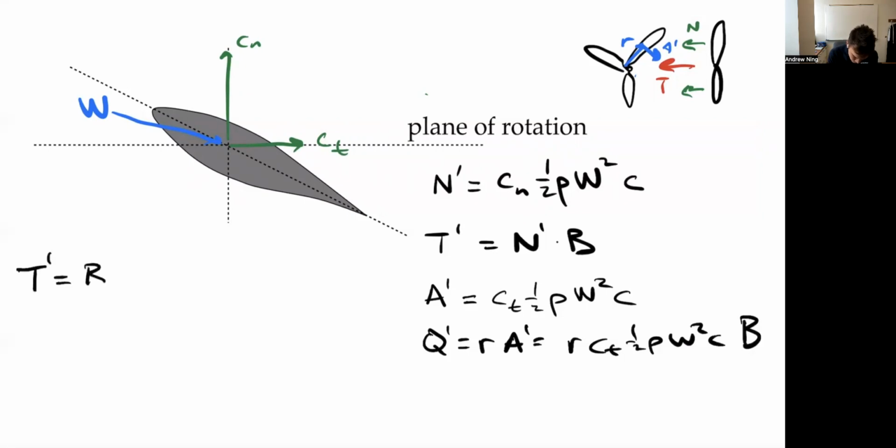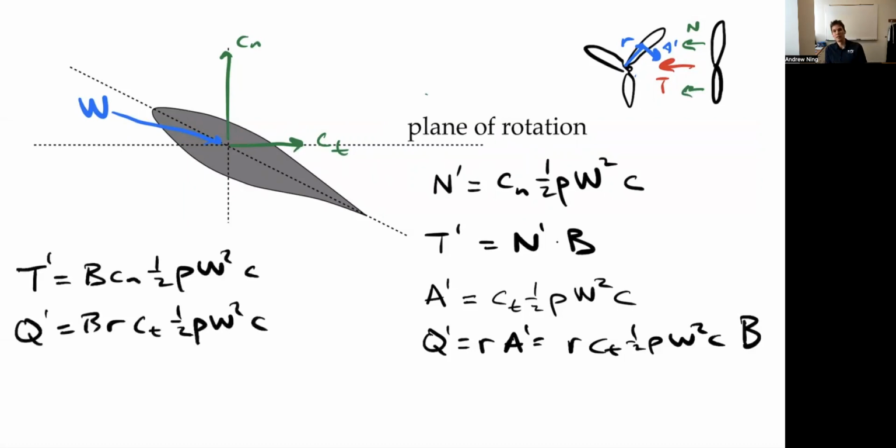Thrust is B times Cn times 1/2 rho W squared times c. Torque is B times R times Ct times 1/2 rho W squared times c. Okay, so great. Now, just like last time, we got an expression for thrust and torque from momentum theory. Now we have an expression for thrust and torque from blade element theory. And now we're going to be able to equate them, from these two different theories. But before I do that, one last thing, I need to specify what W is.